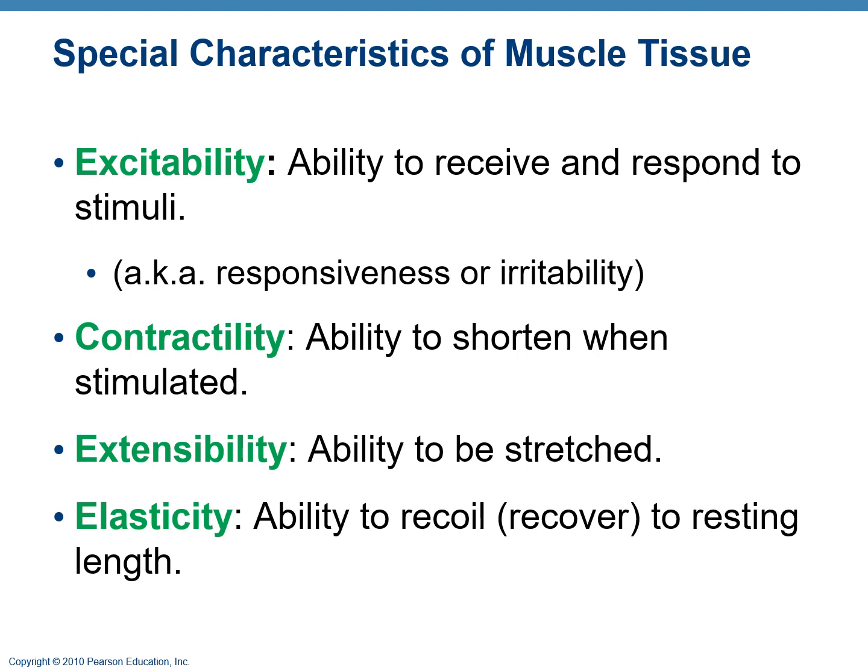Contractility is the ability to shorten when stimulated, right? So contractility, we're only talking about contracting and shortening. And in opposition to that, we have extensibility, the ability to be stretched. Elasticity is the ability to recoil or recover to resting length after having been stretched.